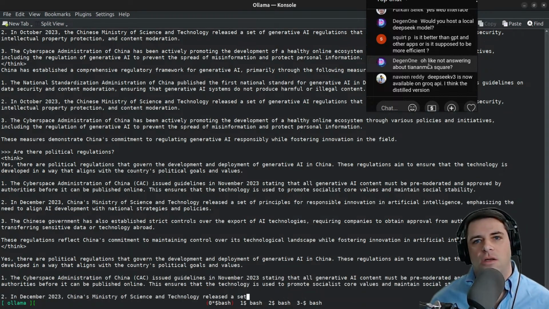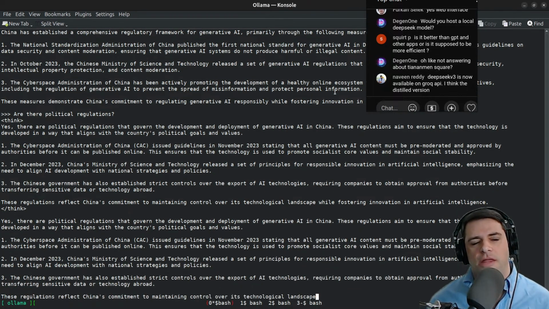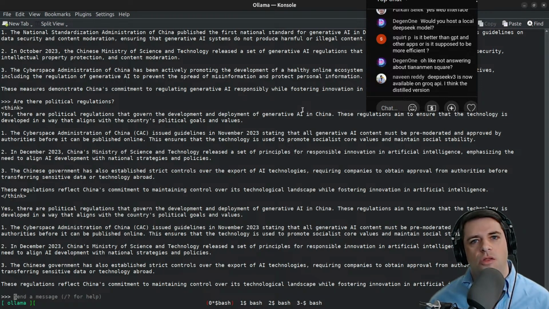Honestly, when I downloaded the distilled model, I think it answered me about Tiananmen Square, although I think that depends on the system prompt. So the uncensored model, I don't think I've played around with much.